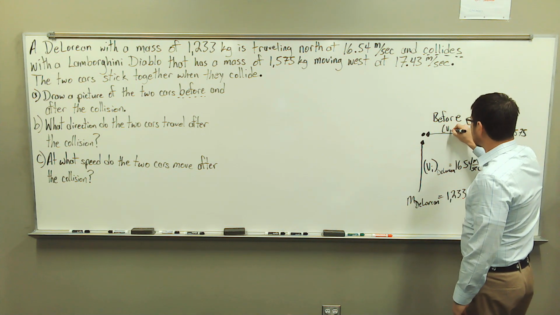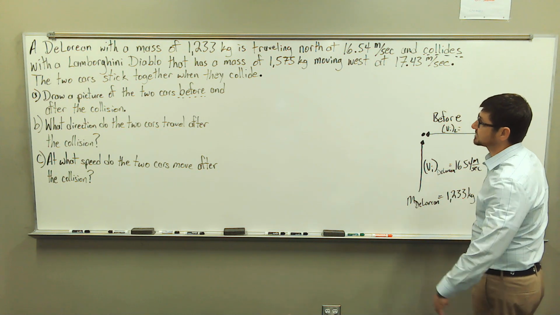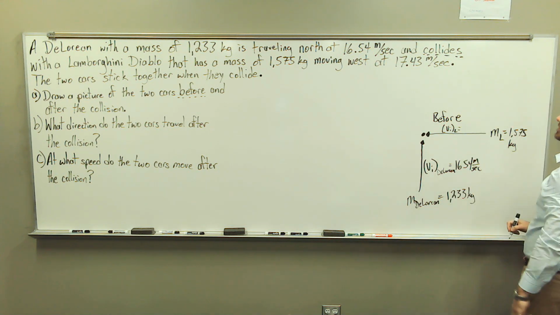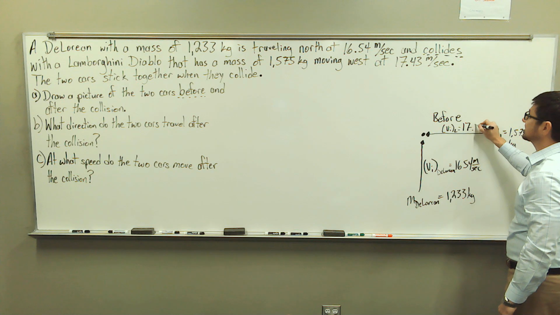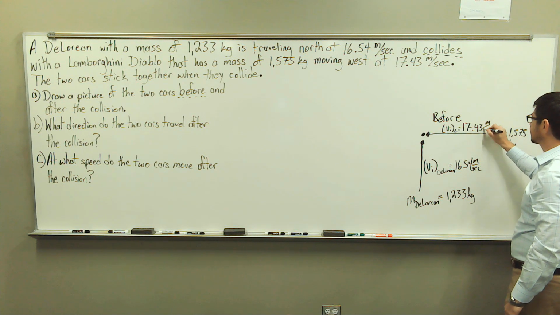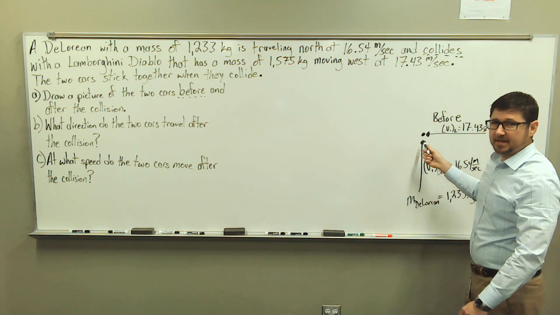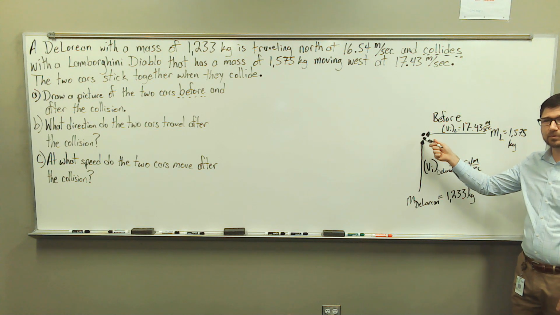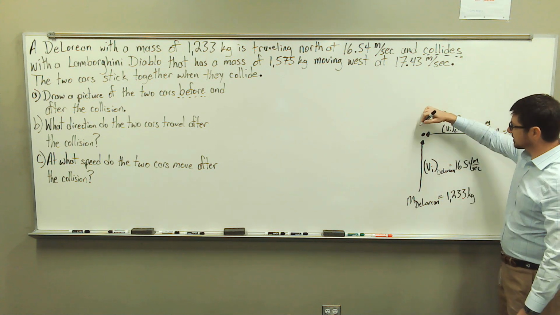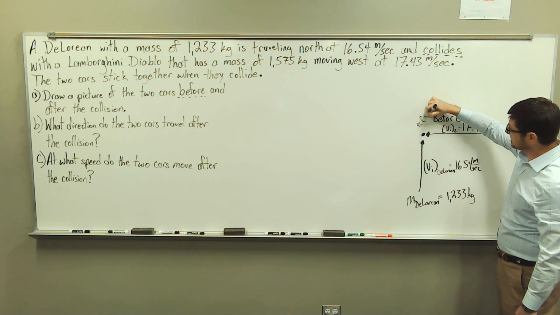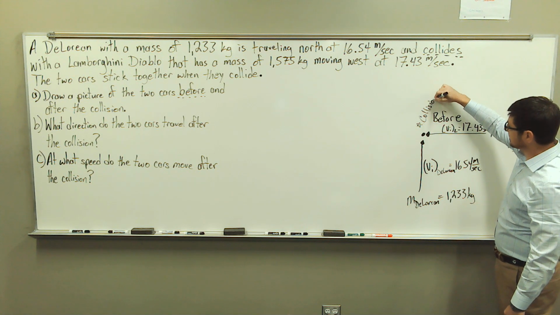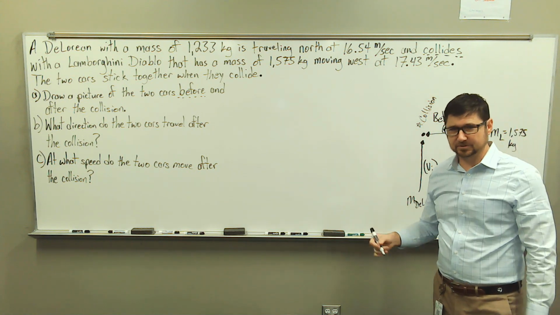And the initial velocity of the Lamborghini, headed west, here's my vector arrow, is 17.43 meters per second. I'm drawing this point to represent the collision, and I'm just going to make a note. There we have the collision of the two vehicles.